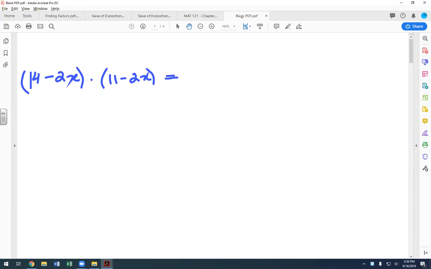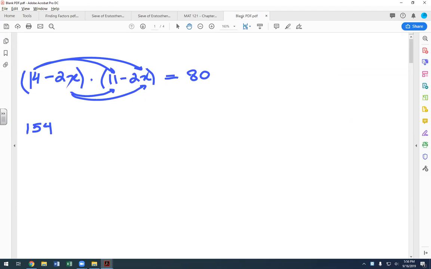So this will equal 80 square inches, and then we'll do FOIL, right? So what's the result of FOIL going to be? So what is 14 times 11? 154, very good.